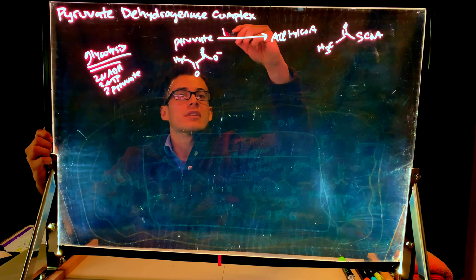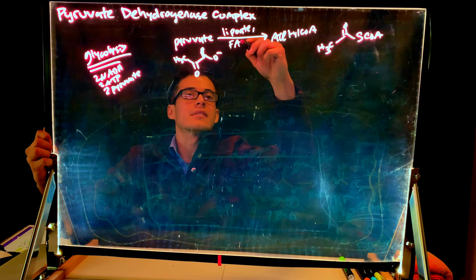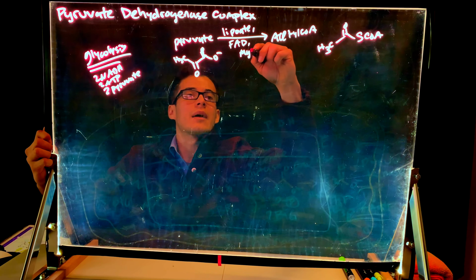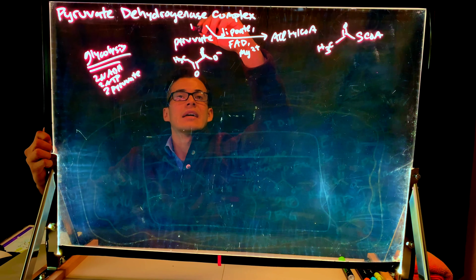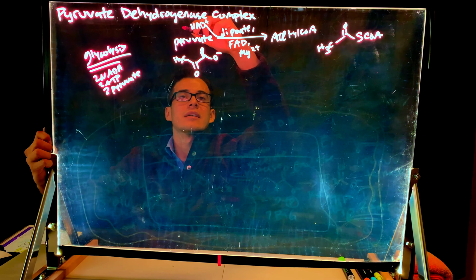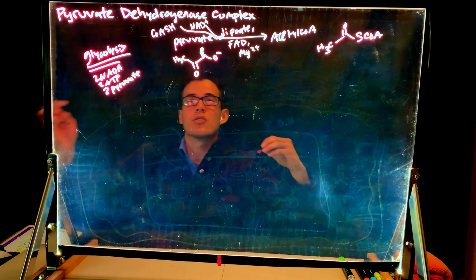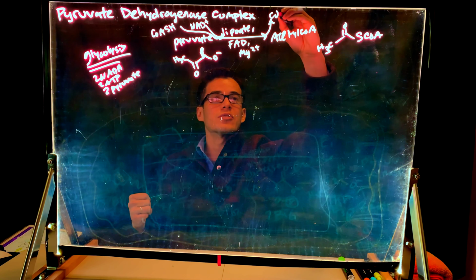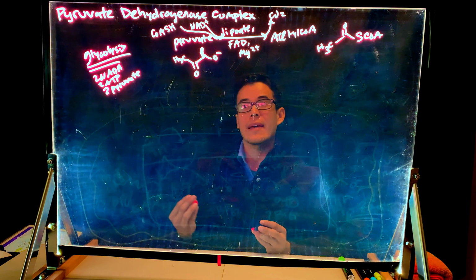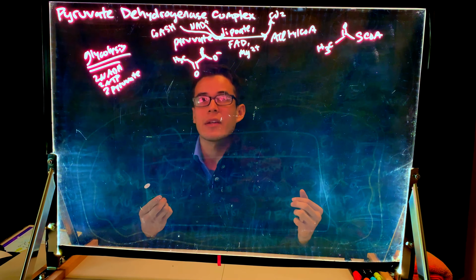Some of these cofactors include lipoate, FAD, Mg2+, and we also introduce some NAD+, and some coenzyme A with a sulfur group, with an SH. And we're going to get out a CO2 and our acetyl-CoA.